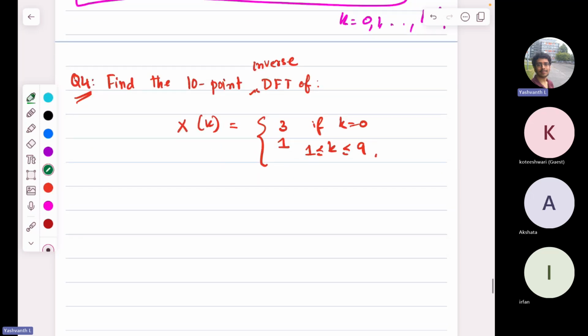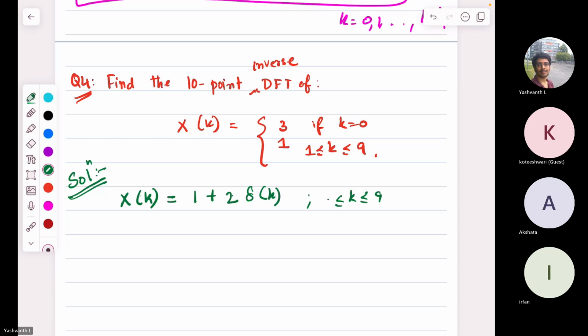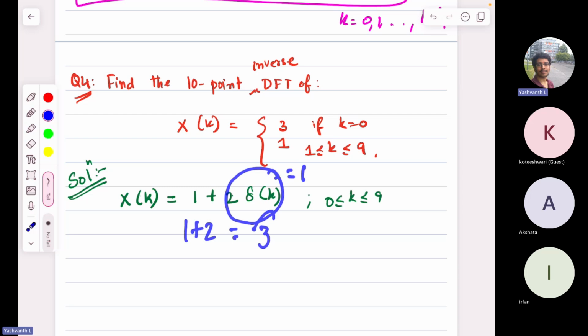Now the way we are going to go about it is, we'll see if we can use any property. So we can write this X of k compactly as X of k is nothing but 1 plus 2 into delta of k. Do you agree? Whenever k is equal to 0, this delta becomes 1, so you have 1 plus 2 equal to 3. For any other k, that is from 1 to 9, delta of k will be equal to 0, so it's just 1.